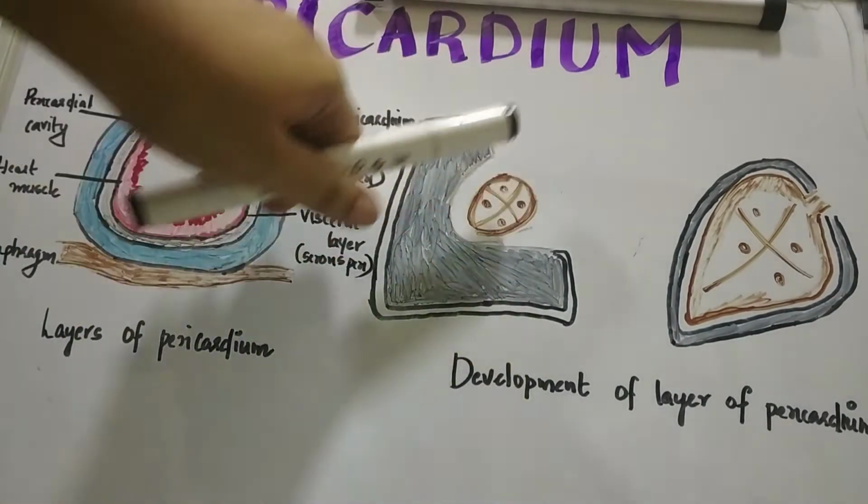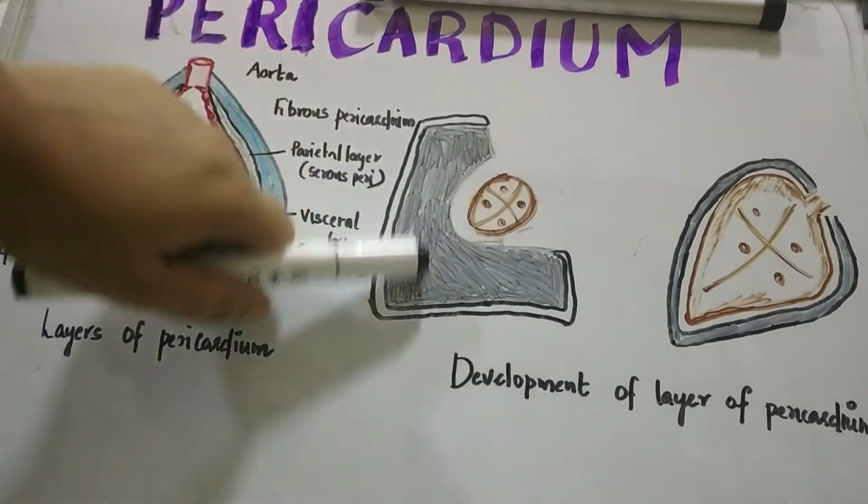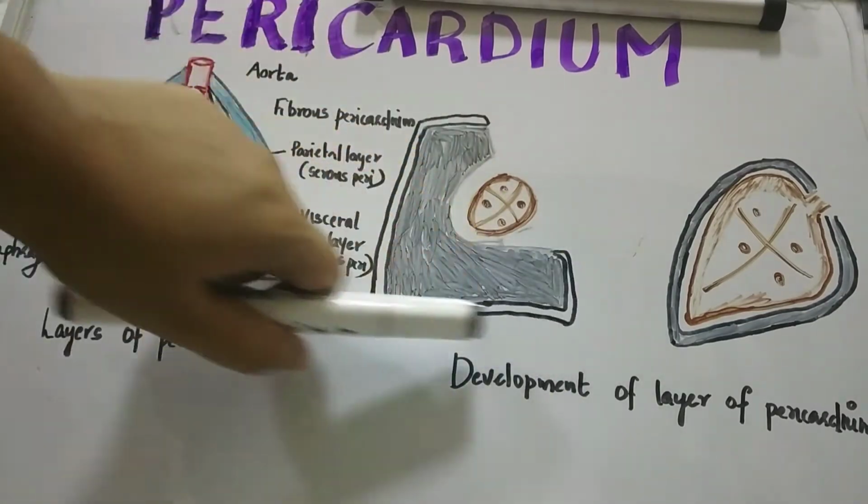Here you can see the fetal heart, the pericardial cavity and the fibrous pericardium.